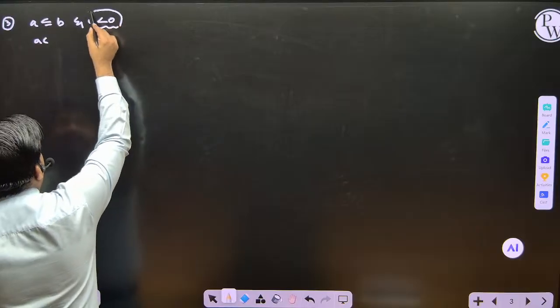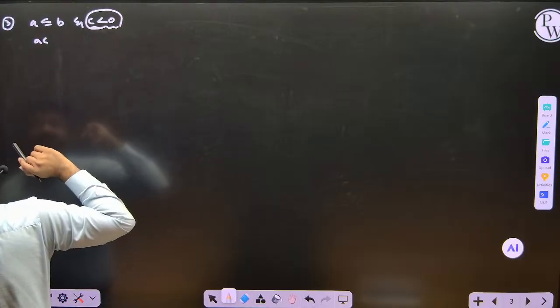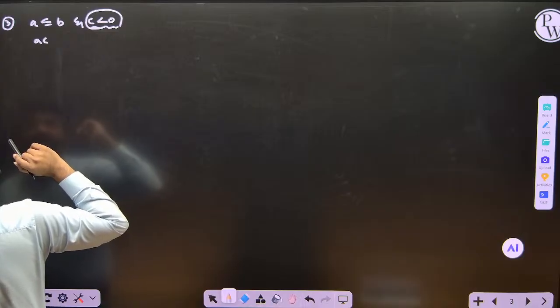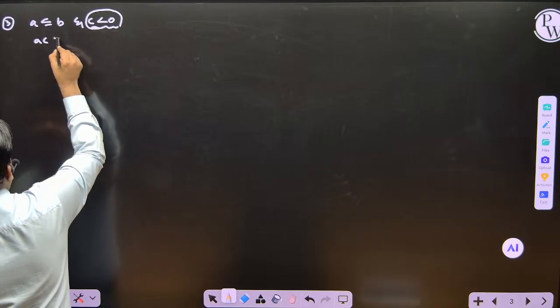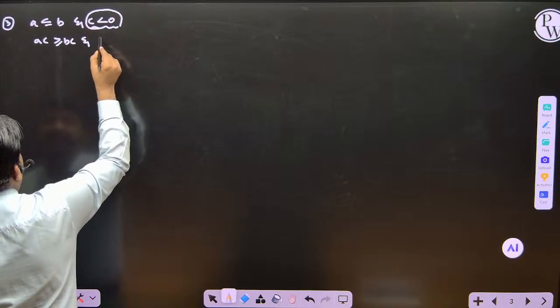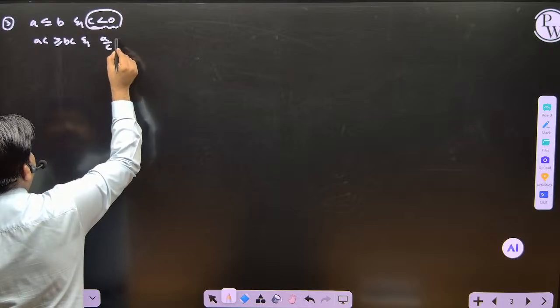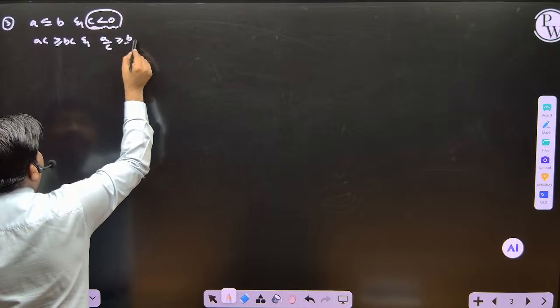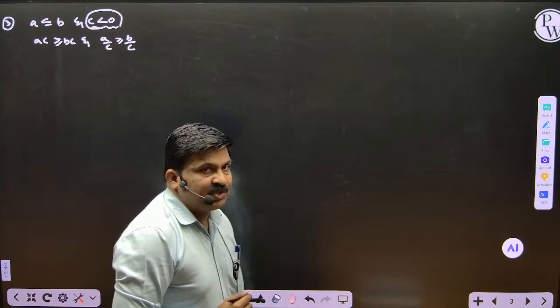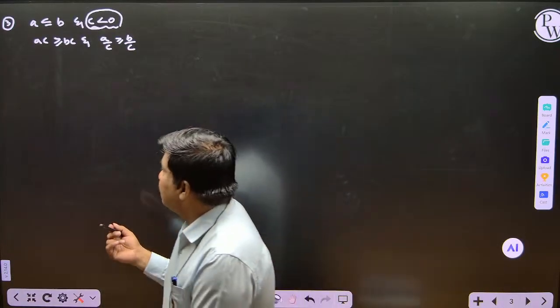Here c less than 0 is a negative constant. By multiplying a negative constant on both sides, certainly the inequality will change. If you divide or multiply by a positive constant, inequality will not change.